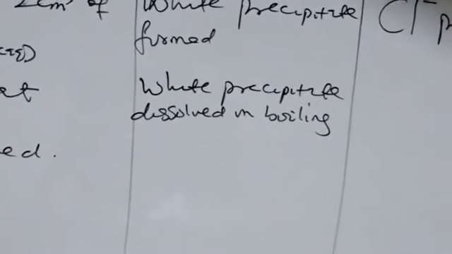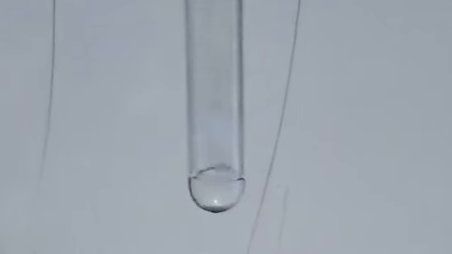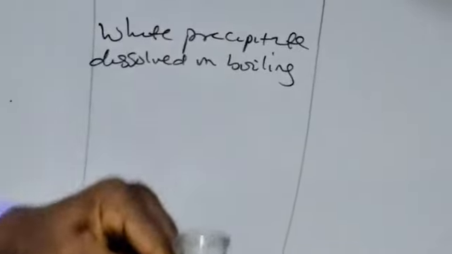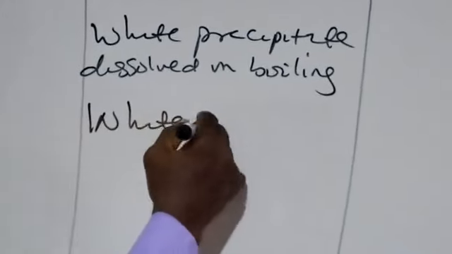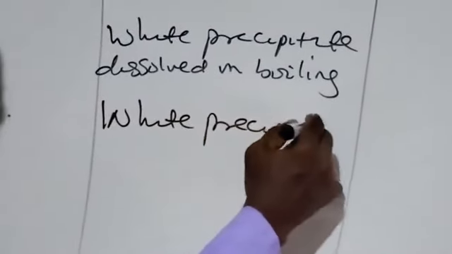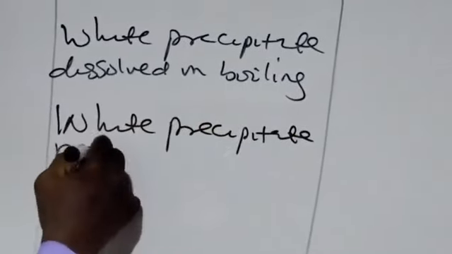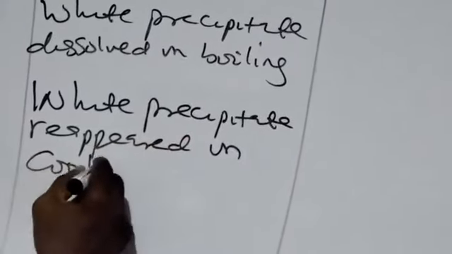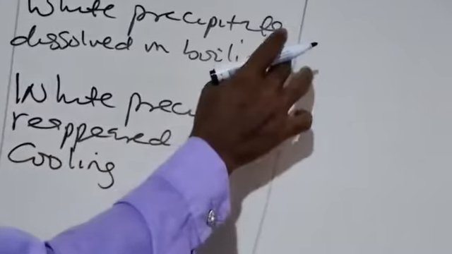Let's allow it to cool for a few minutes and see what happens. You see that on cooling, look at the bottom of the boiling tube, the white PPT reappeared again. Let's go to the board and report our work. Here we write white precipitate, please use the full name, don't use the abbreviation, reappeared on cooling.